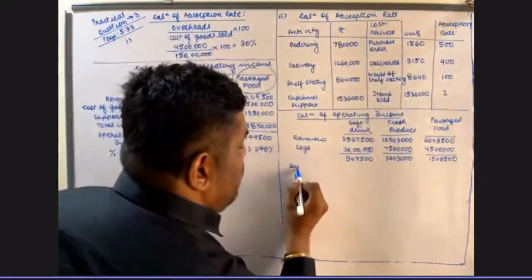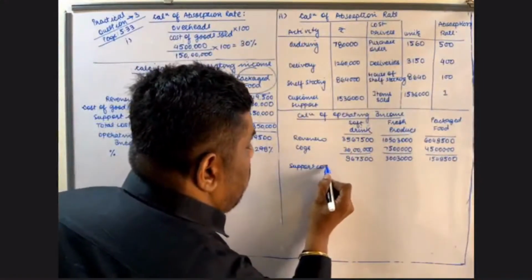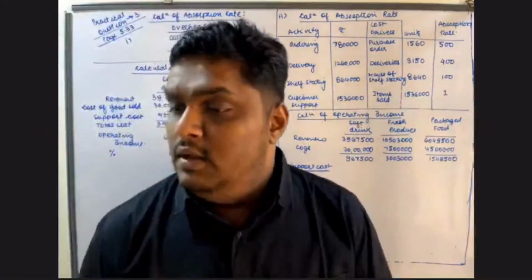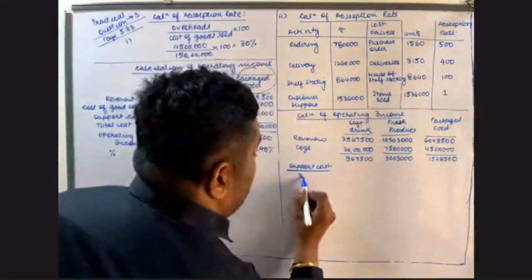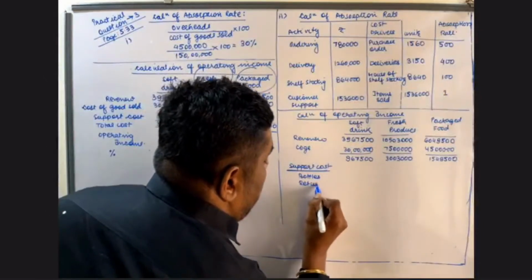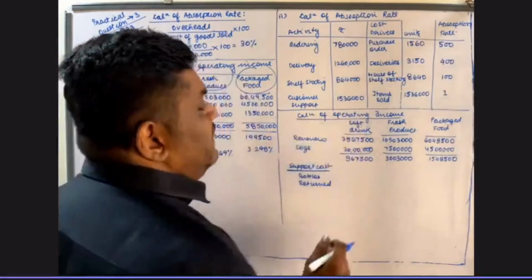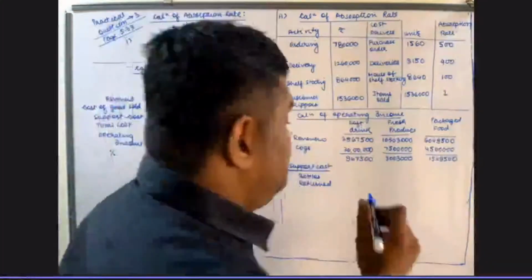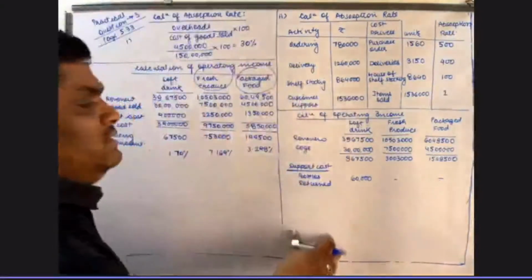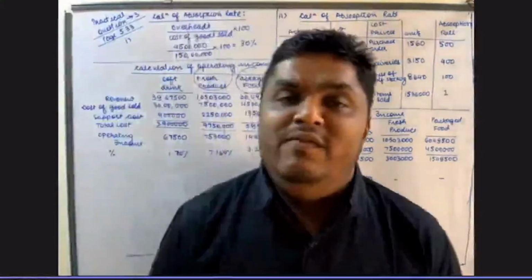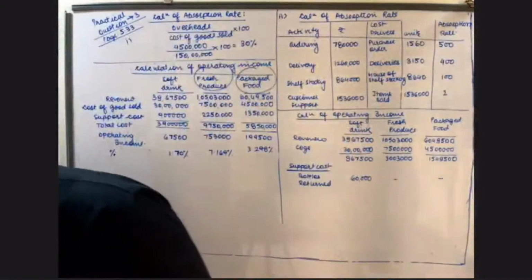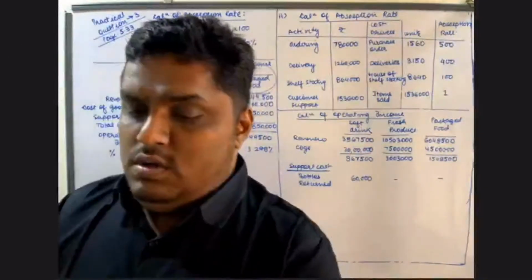When talking about the support cost, the first cost is the bottle return. That is directly related to soft drink, and the total cost is 60,000. Now the rest of the costs you can distribute in the similar way to what we discussed in the previous two questions.